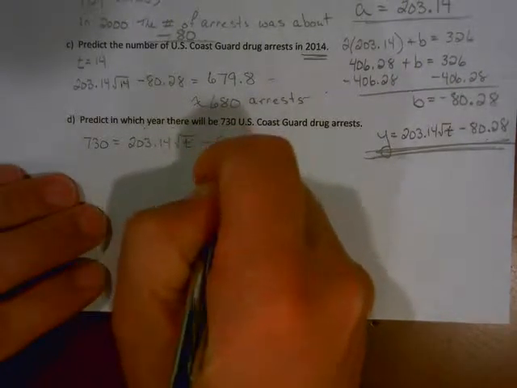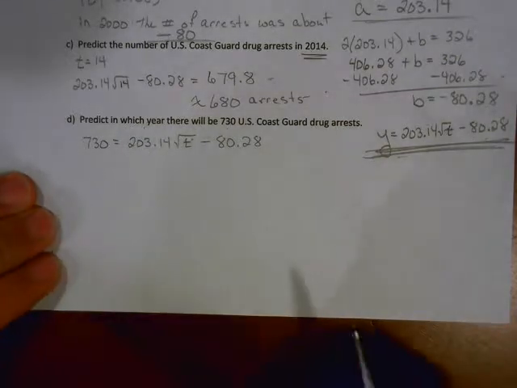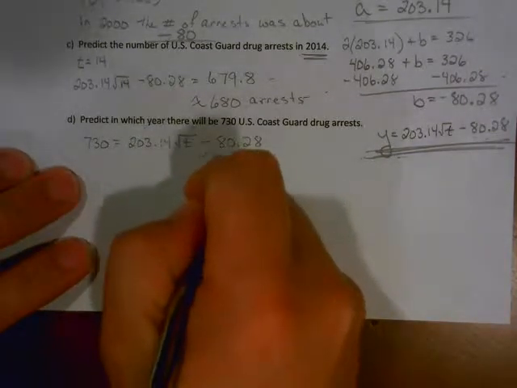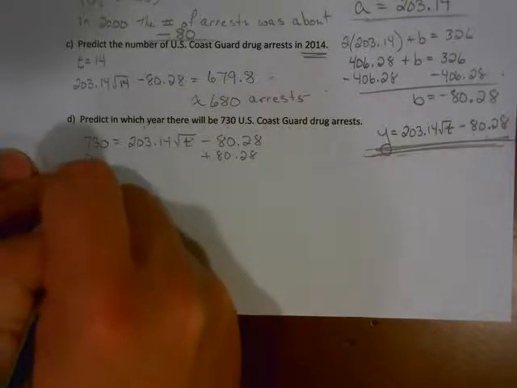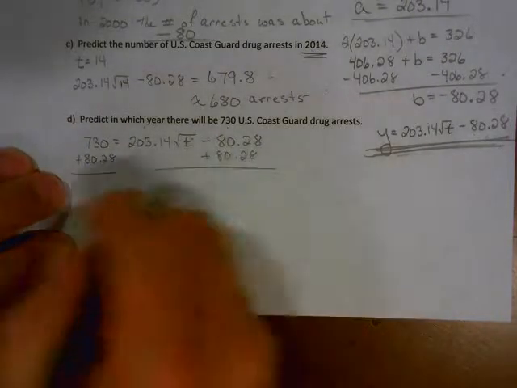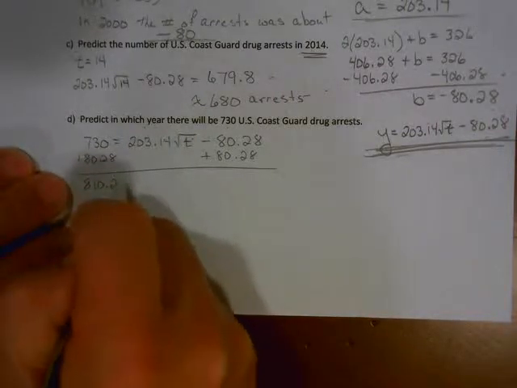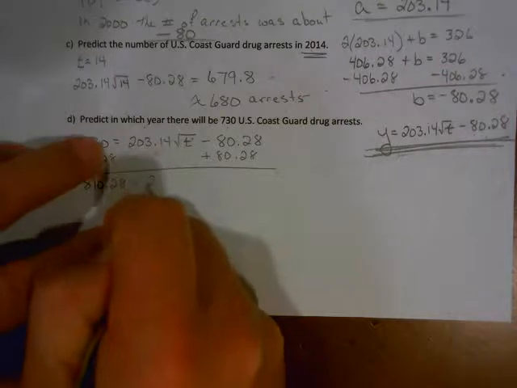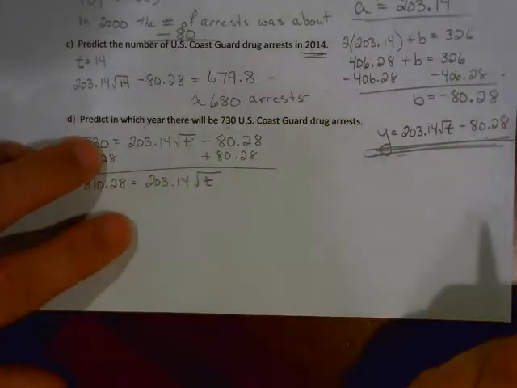Minus 80.28. So I want to solve this for t. So I'm going to add 80.28, and we get 810.28 equals 203.14 square root of t.